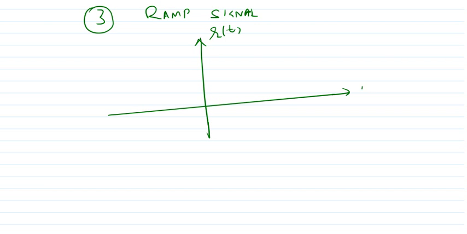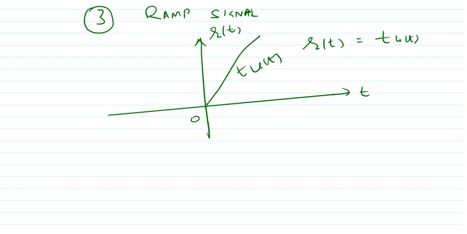Third signal is the ramp signal. So what is the ramp signal? The ramp signal r(t) is basically t·u(t).